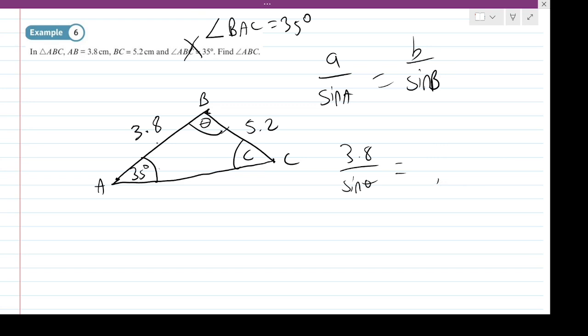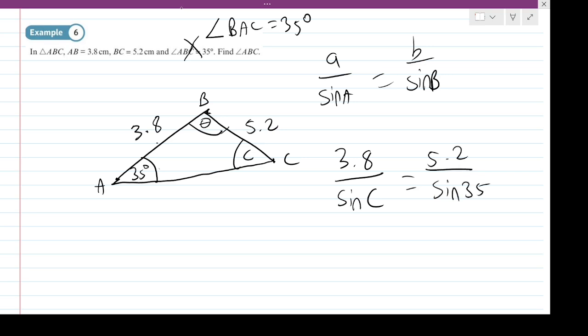But what we can do is find this other angle C. We can start with that, because C is indeed facing 3.8. What we can then say is 3.8 over sine C is going to equal 5.2 over sine 35.